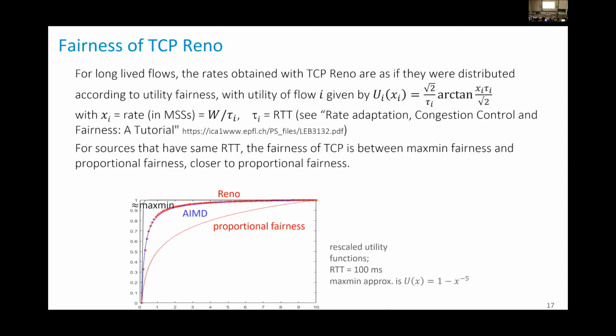So what does this version of TCP, which is called TCP New Reno, implement compared to the theory that we've seen with Hossein before? We've seen that we can do max-min fairness, or proportional fairness, or AIMD, and we've seen that AIMD leads to a form of utility fairness that's somewhere between max-min and proportional fairness.